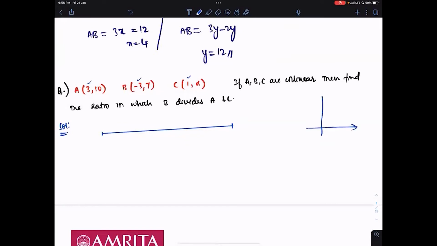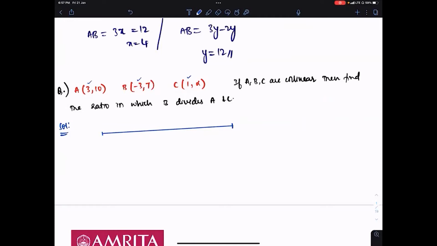Whenever you have x and y axes, if you draw any line and go from left to right, the x coordinates of the points will increase. I'm just asking you to draw it horizontally for simplicity, instead of drawing the x-axis, y-axis and all these things.